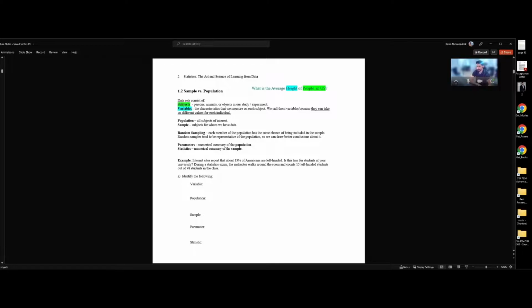Then population is all subjects of interest, which is said. Sample is the subjects from whom we have data. Again, in the previous example, it was the 5 students, right? And the population was the 82 students. In other words, all the students we were interested in.